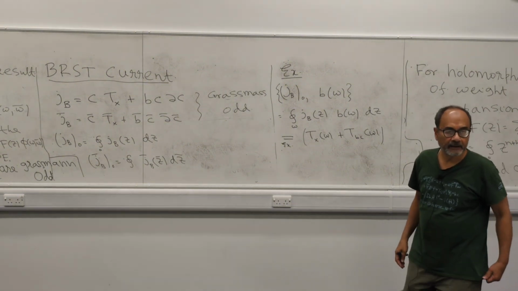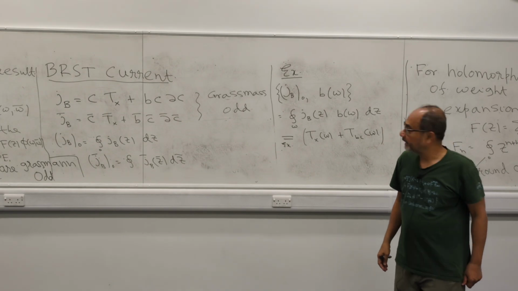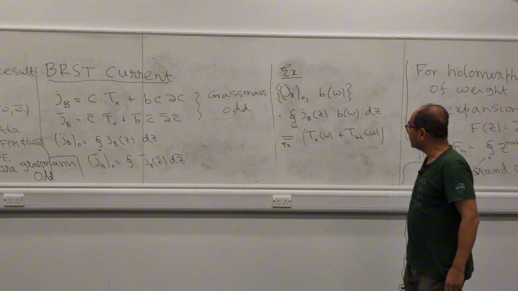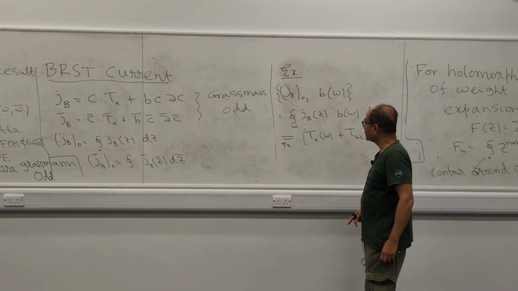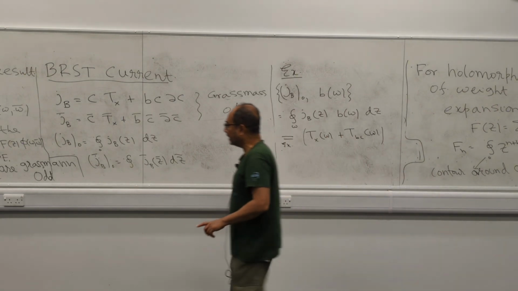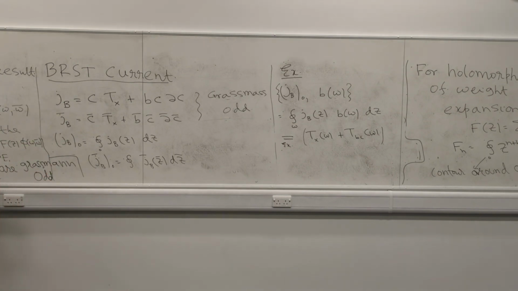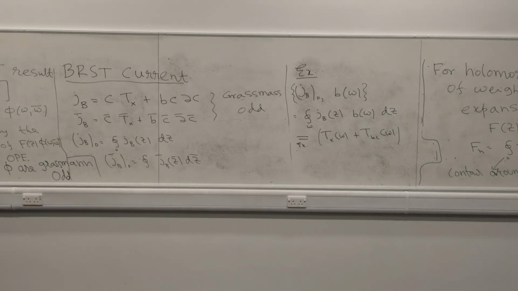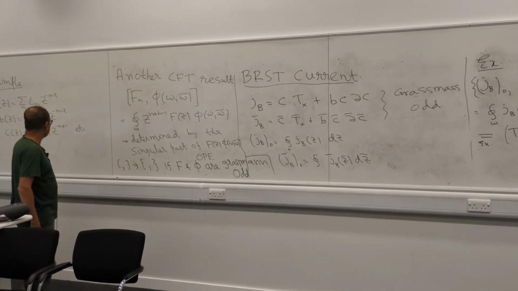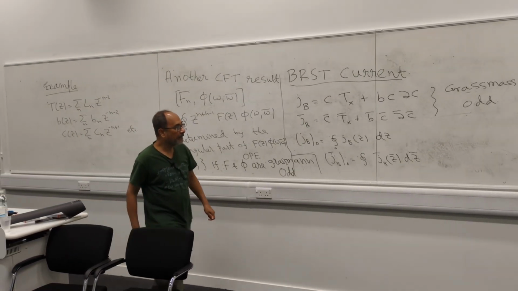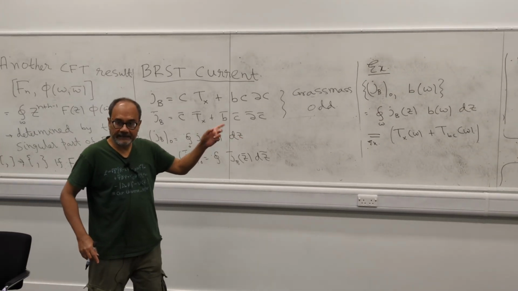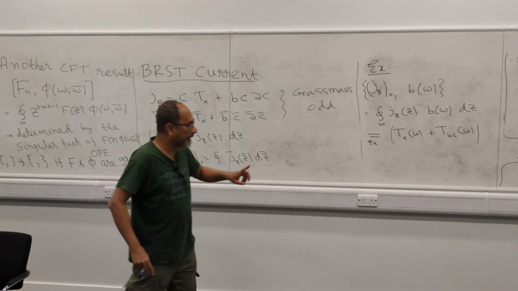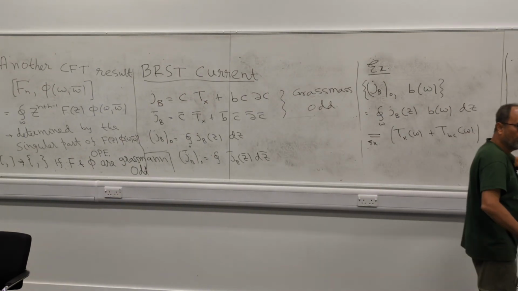See, I am using this result over here. F_n was already an integral. And when you take the commutator, that integral is transferred to an integral around w.